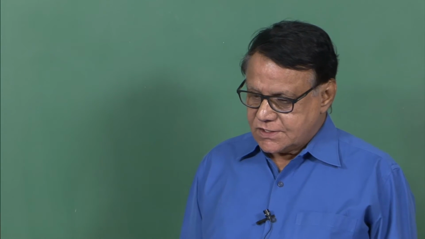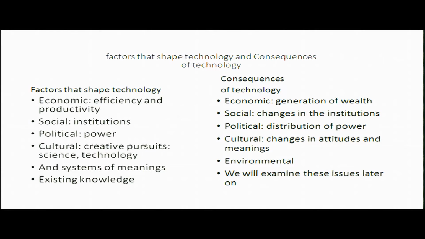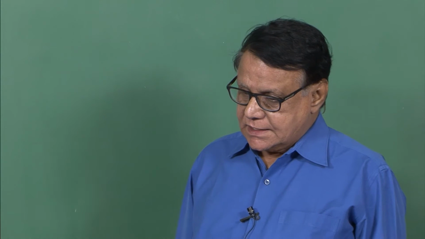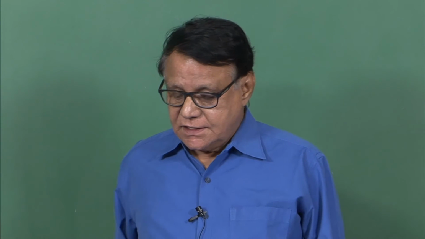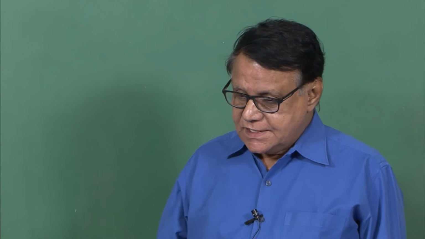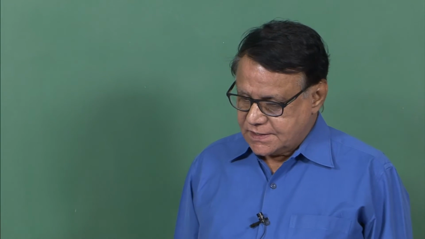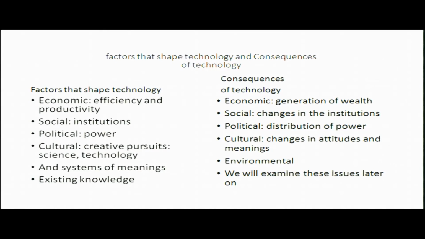Second, social impact. See, the technologies also bring in changes in social institutions. For example, recent studies show that the gadgets developed for minimizing the drudgery in the household bring in changes in the relationship between wife and husband, parents and children, and similarly the television that has become a household necessity almost also changes the relations within the family.